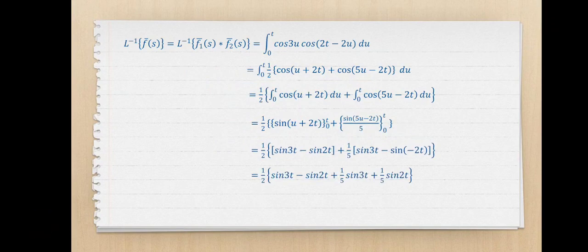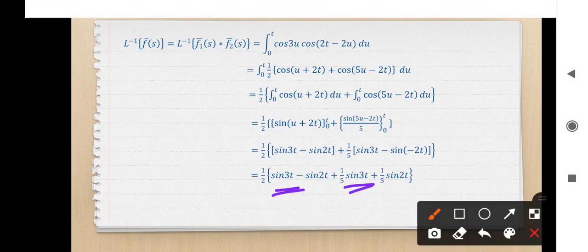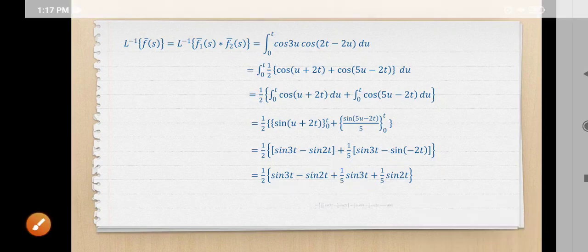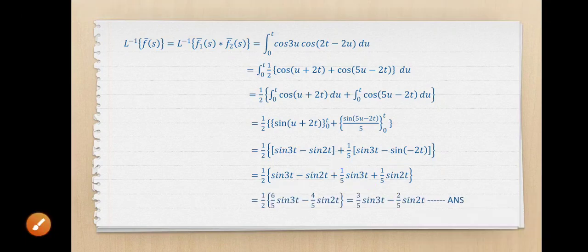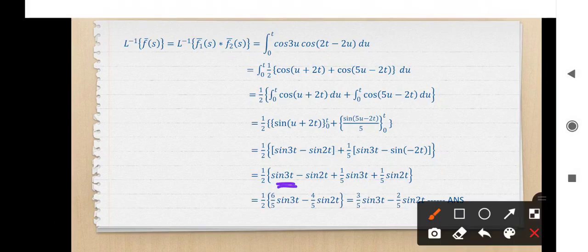Now combining similar terms, we get the next step 1 by 2 into 6 by 5 sin 3t, since sin 3t plus 1 by 5 sin 3t gives us 6 by 5 sin 3t, and minus sin 2t and 1 by 5 sin 2t gives us minus 4 by 5 sin 2t.